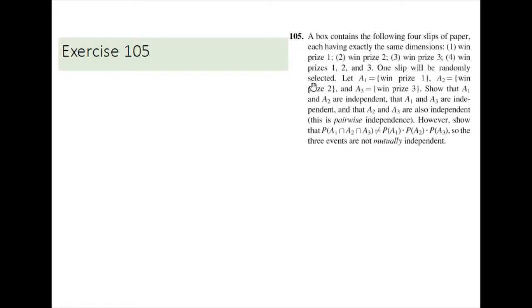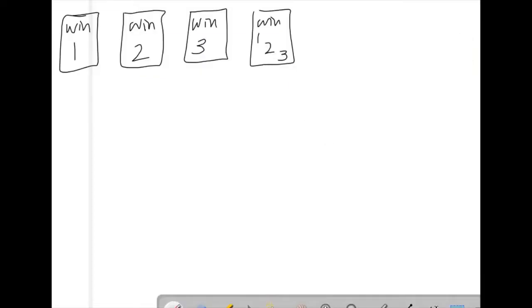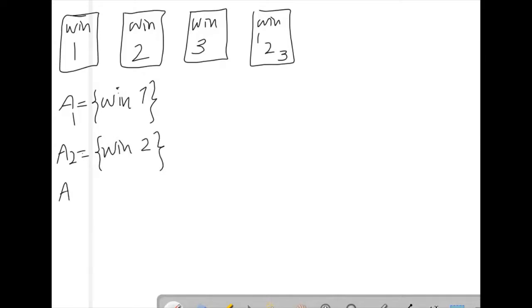One slip will be randomly selected. Let A1 be win prize 1, A2 win prize 2, and A3 win prize 3. So we have 3 different events: A1, win prize 1; A2, win prize 2; A3, win prize 3.